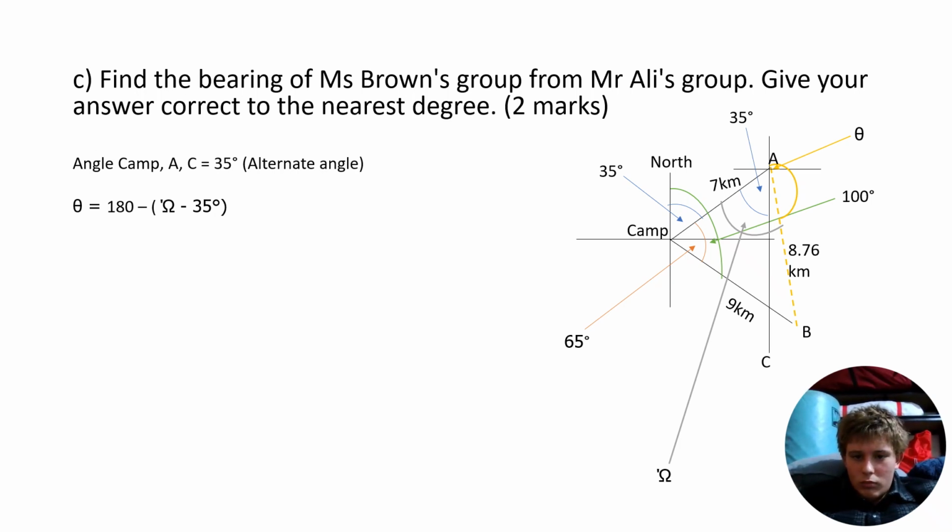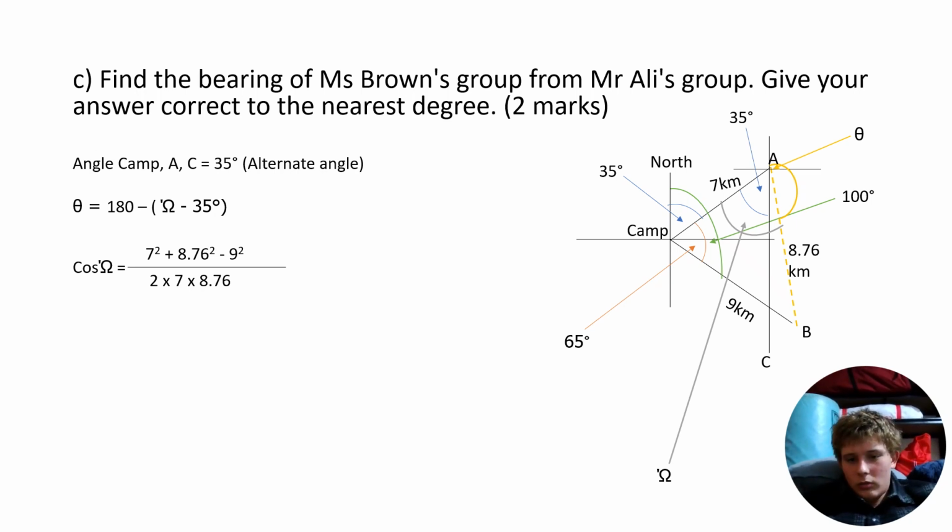Then we're going to use the cosine rule here, purely because we have 3 sides: 7 km, 9 km, and 8.76 km.